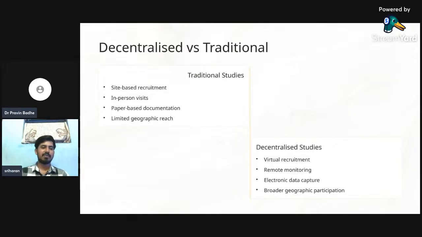Data is captured from the phone and technology itself. It also reaches broader geographical locations, which is very helpful for patients from mountain or forest regions.